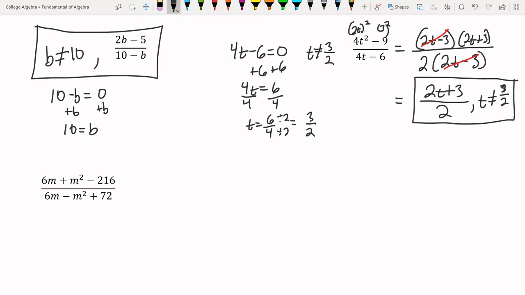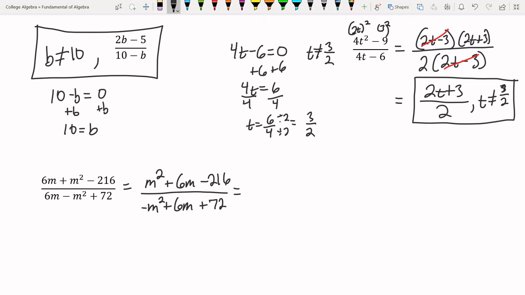Okay, this last problem, we're going to first rewrite this in standard form, namely highest power to lowest power. When we do that, it's going to be a little bit easier to factor. Now on the bottom, we have an m squared, the first term, with a negative.